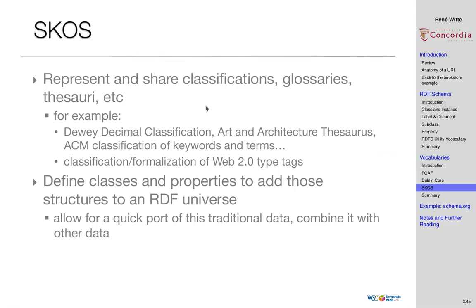There are all kinds of classification mechanisms in all kinds of domains. There are classifications for literature, for art, for architecture, for technical terms, and they are used all over the place.